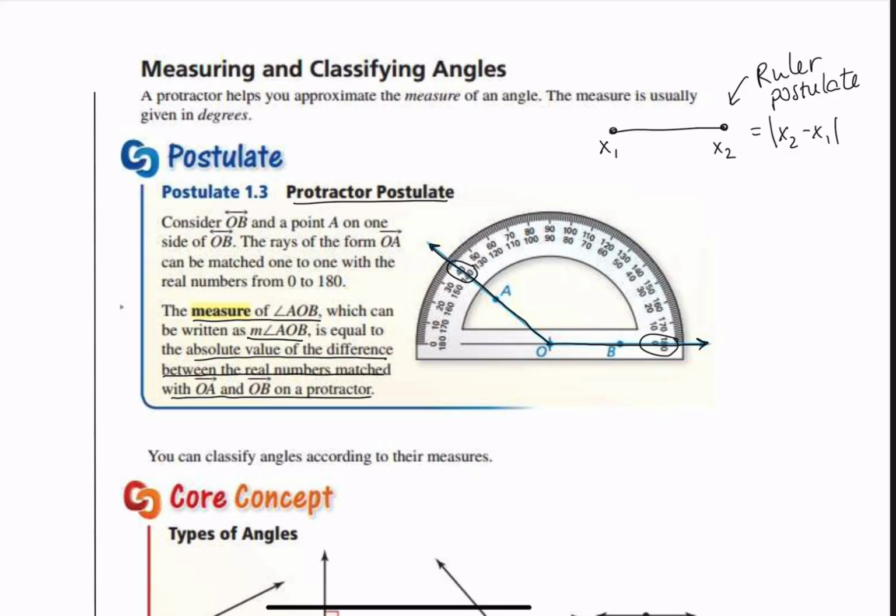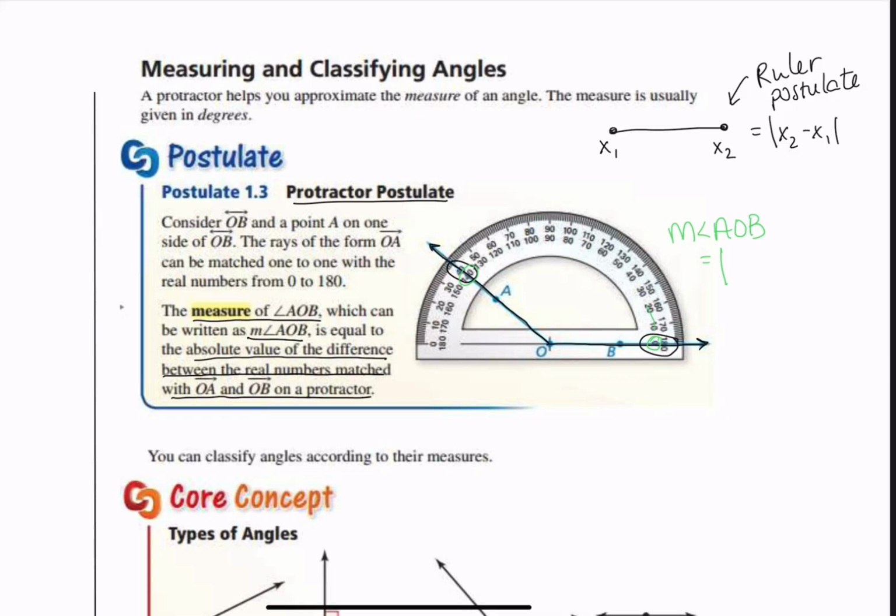I'm going to use a couple colors. If I start with those inside numbers, so if I start with 0 and 140, then I can find the measure of angle AOB by basically taking the absolute value of the difference of those two numbers.